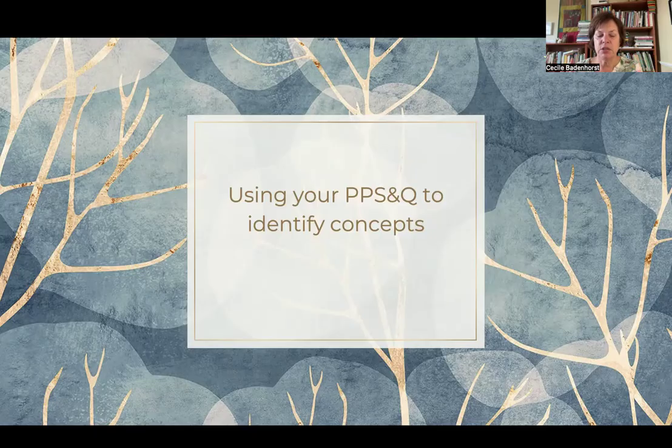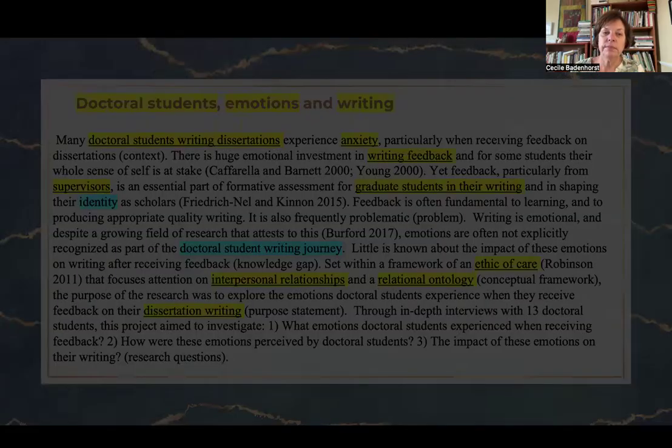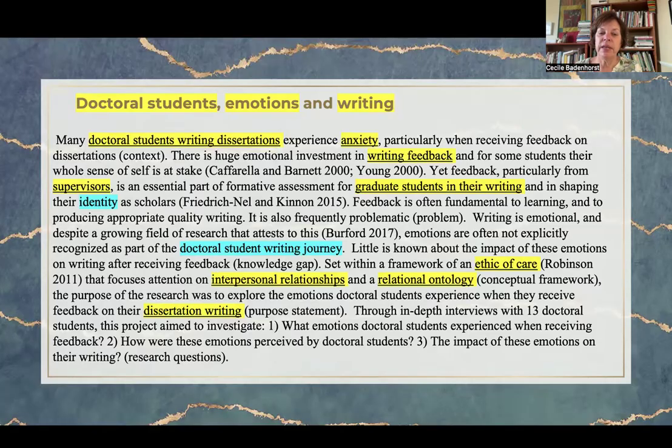It's like half a page to 1 page, and it gets you to think about the research problem, the knowledge gap, the conceptual framework, the context that the research is taking place in, the purpose statements, and the research questions. So this is the example that I'm going to use of a PPS and Q, a problem, purpose statement, and questions.